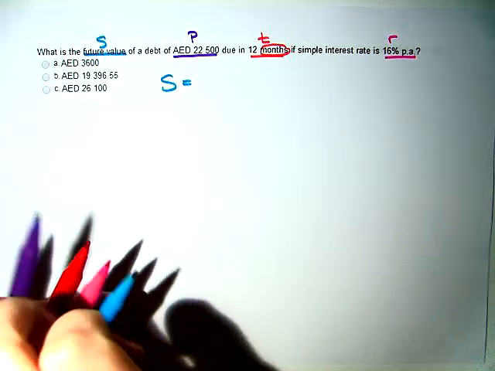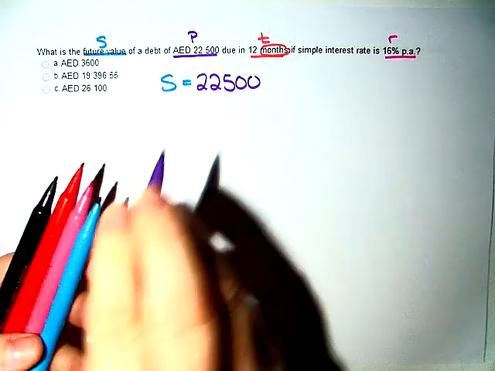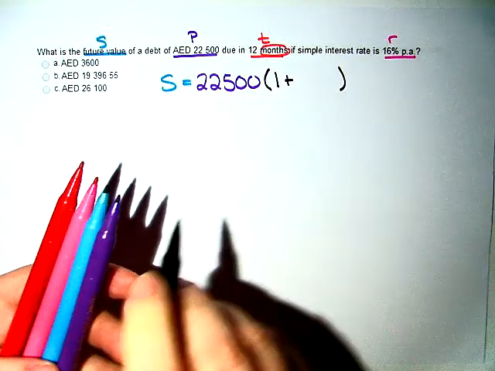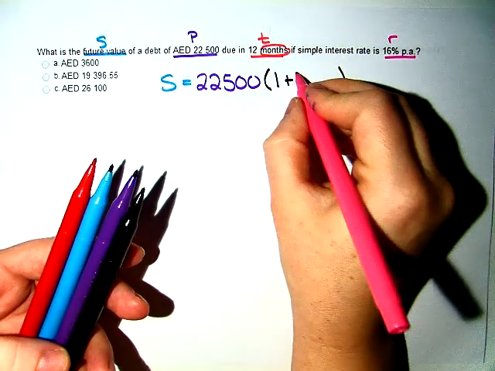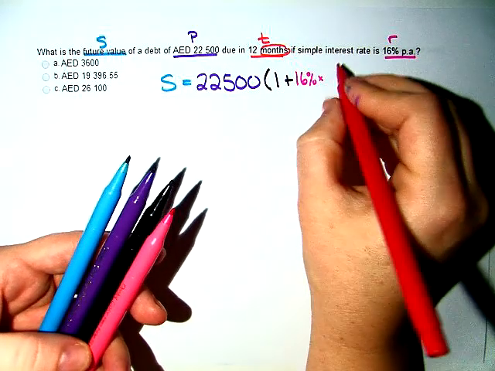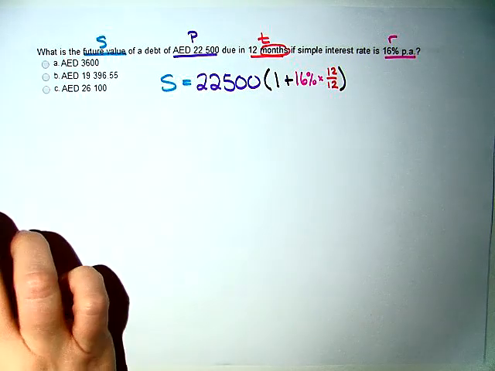S equals 22,500, 1 plus my rate of 16% times, and because it says months, we're going to go ahead and divide it, so 12 over 12.